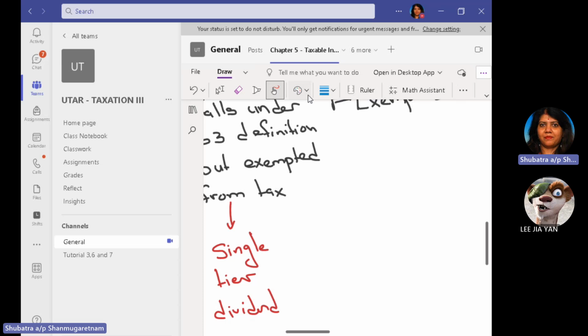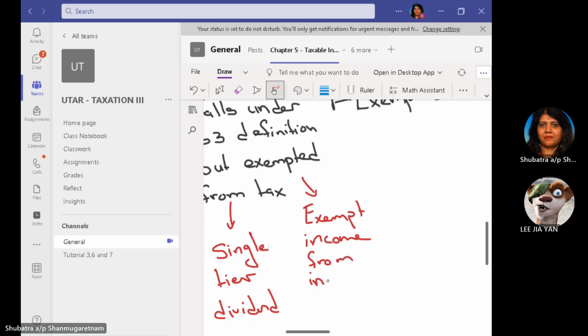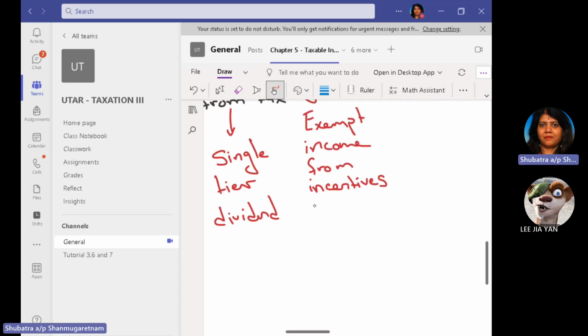So other exempt income would include your exempt income from incentives. Remember your pioneer status.